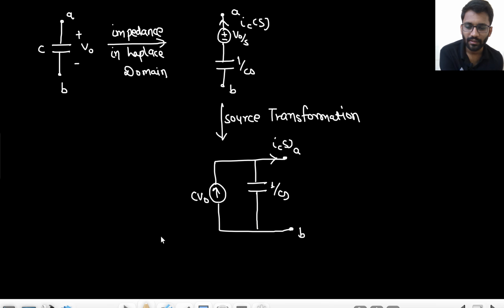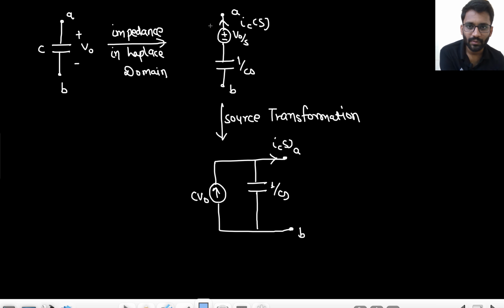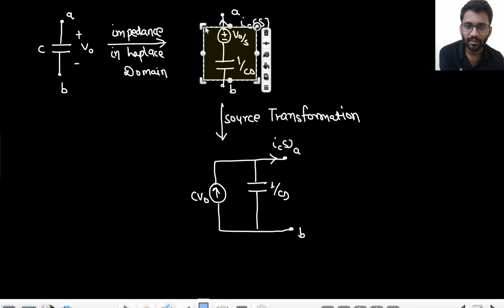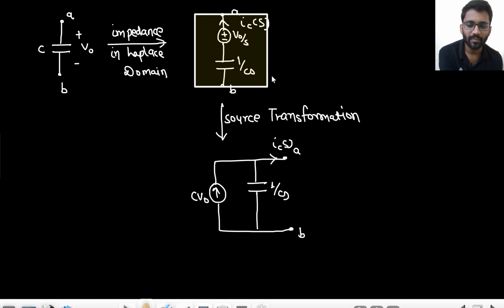Okay, I think I can do this. This complete circle will show VCS, right? And here also this will be VCS. This is not looking nice actually.